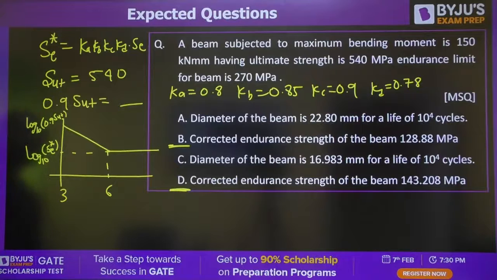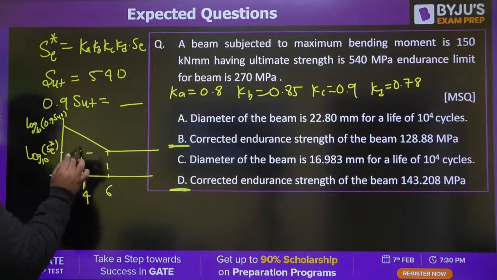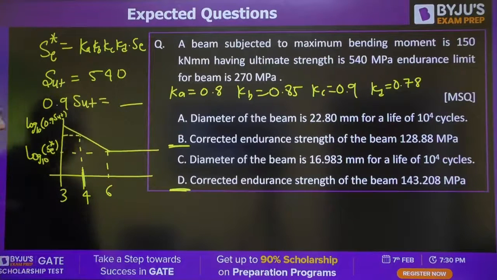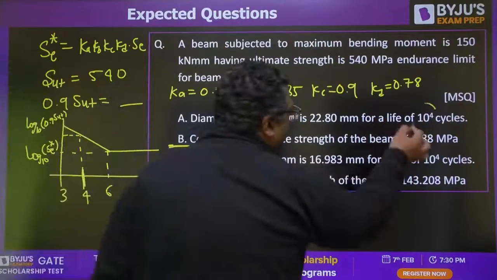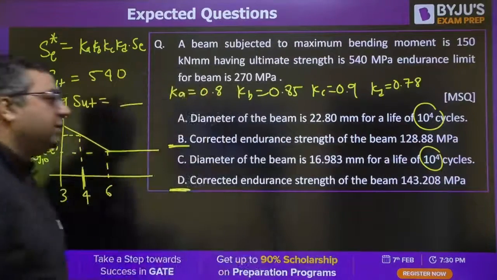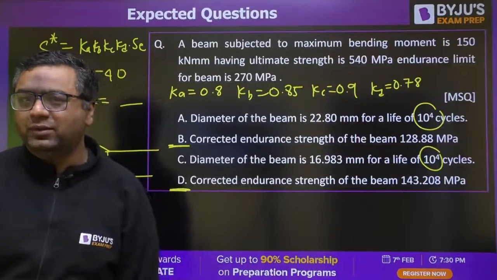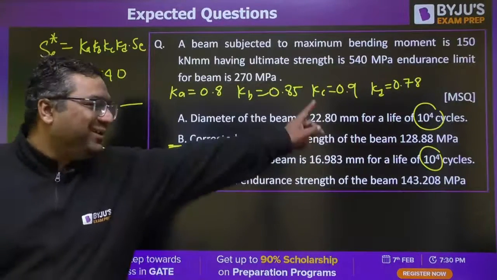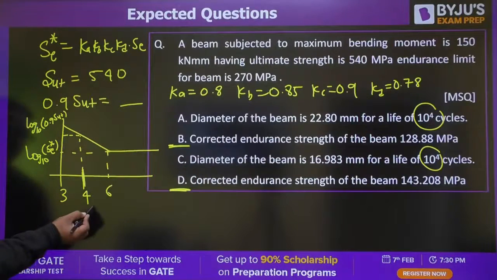Okay, then they are asking for the life of 10 to the power 4 cycles. Okay, they are asking diameter for the life of 10 to the power 4 cycles. Here one data is given in the option, that is the trick of this question. Okay, one data is given in the options, not in the questions. So this is 10 to the power 4.